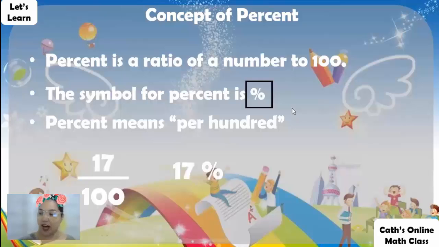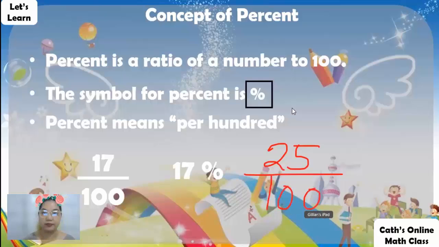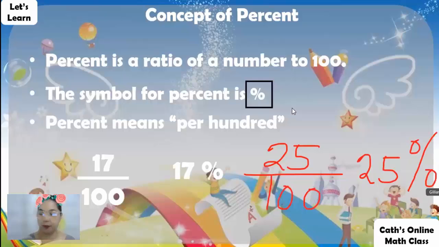For example, if I have 25 over 100, or 25 is to 100, how am I going to convert this to percent? Of course, it will be 25%. Do you understand? Very good.